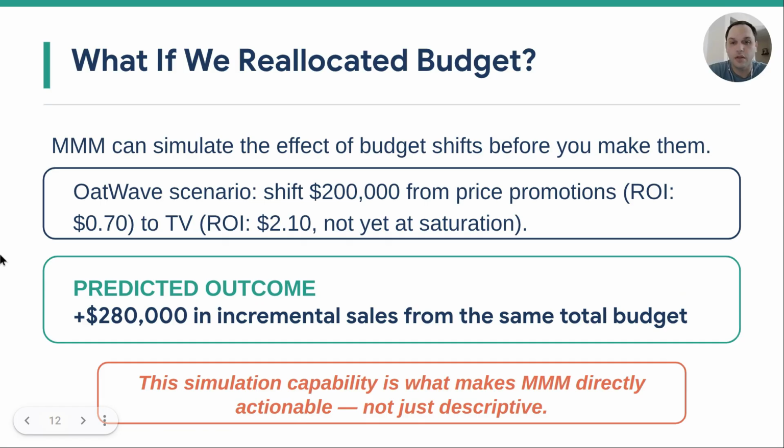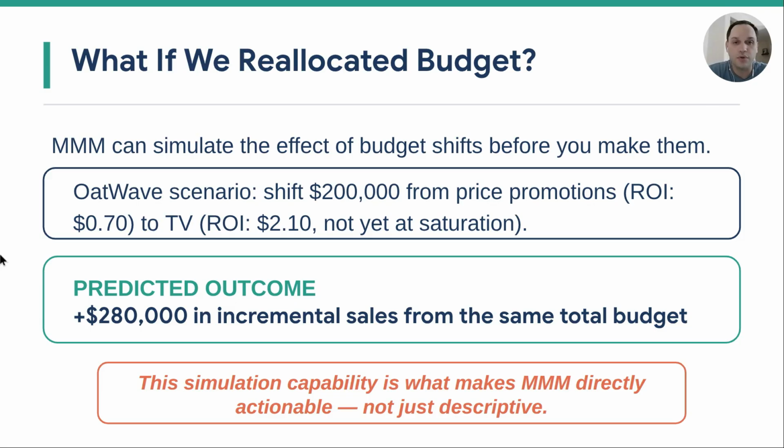This is where MMM becomes directly actionable rather than just descriptive. Once you know the ROI and the diminishing returns curve for each channel, the model can simulate what happens if you reallocate budget. For Oatway, take $200,000 out of price promotions, which are returning only 70 cents per dollar. Put it into TV, which is returning $2.10 per dollar and hasn't yet reached saturation.